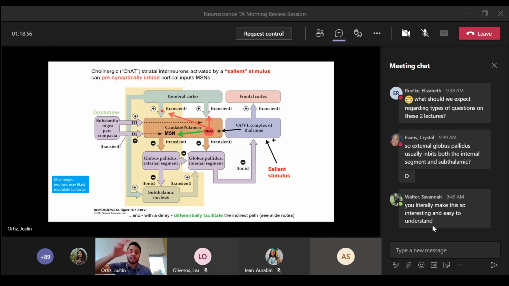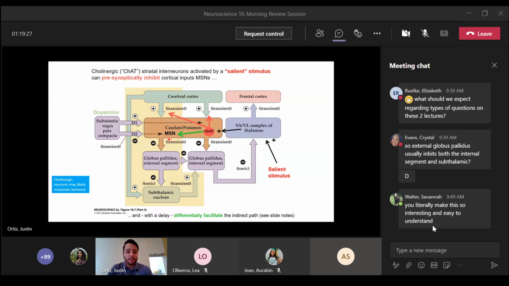So when the cerebral cortex is sending axons down to the striatum, it has these receptors on the presynapse called M2 receptors, and acetylcholine activates those M2. Those M2 receptors are actually feedback mechanisms. So when you activate those, it inhibits itself, right? Because we always have feedback modulation. So it inhibits the input from the cerebral cortex. That's why you see red lines here, right?